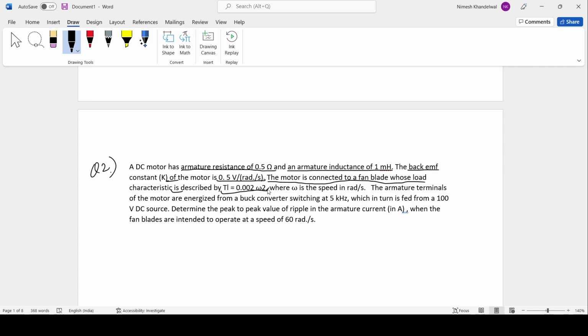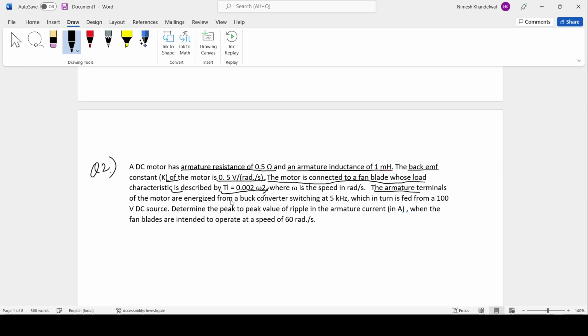Most of the time the load is due to the peripherals that are connected to the motor. This omega squared relation is mostly in the case of fans or propellers that are connected to the motor.